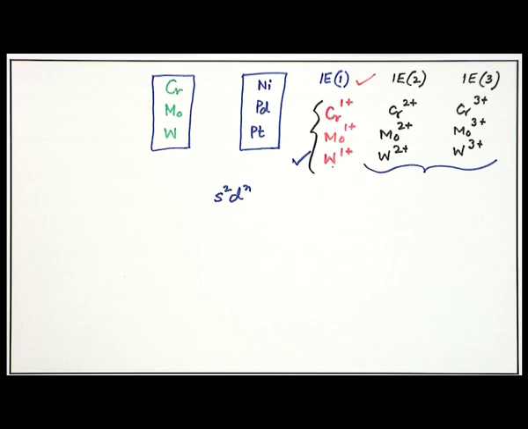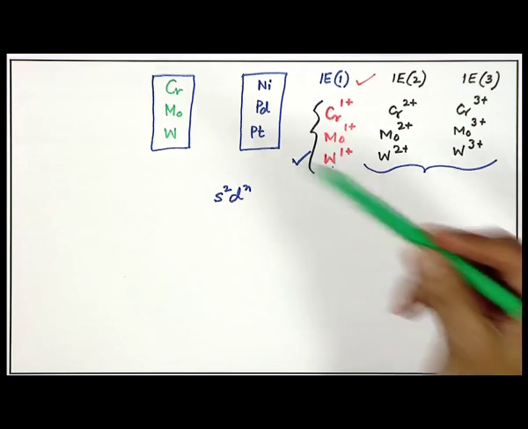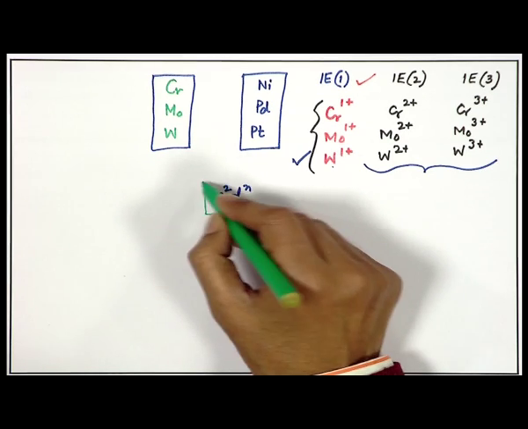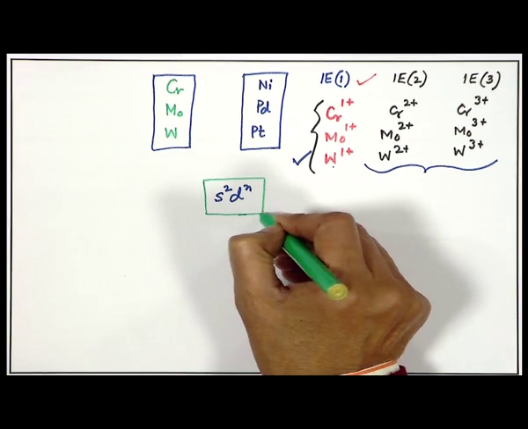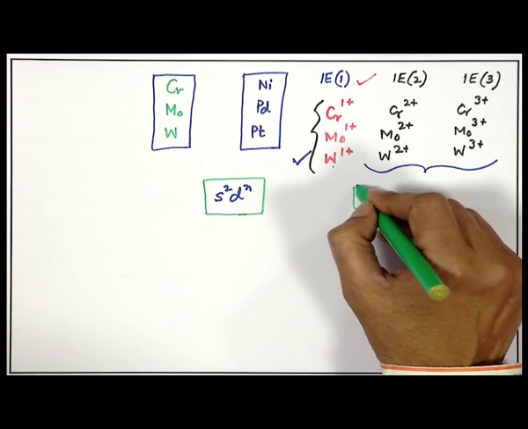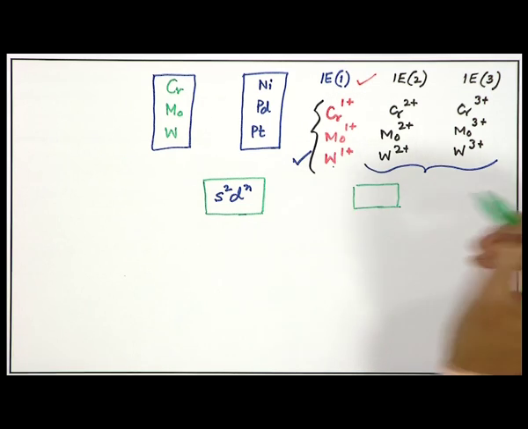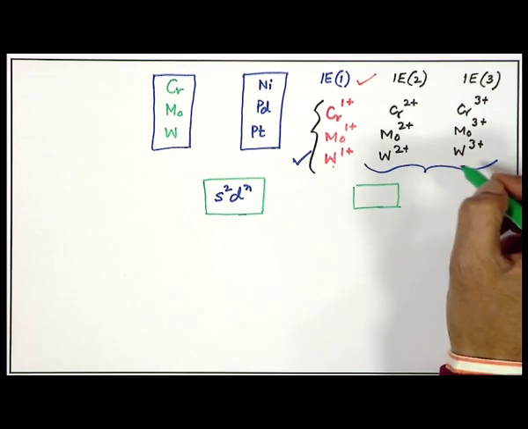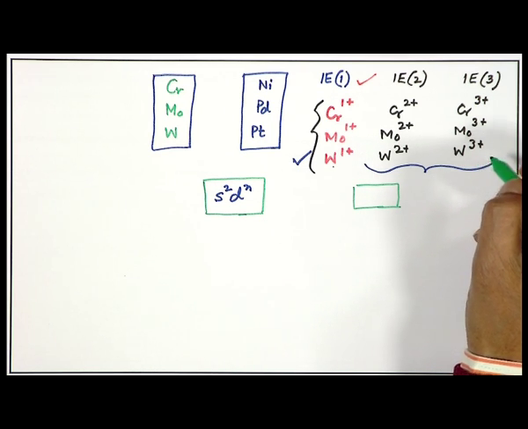This s2 and dn electronic configuration is very interesting to compare, because we compare the ground state electronic configuration with the corresponding electronic configuration for the ionic state that we get in solution.